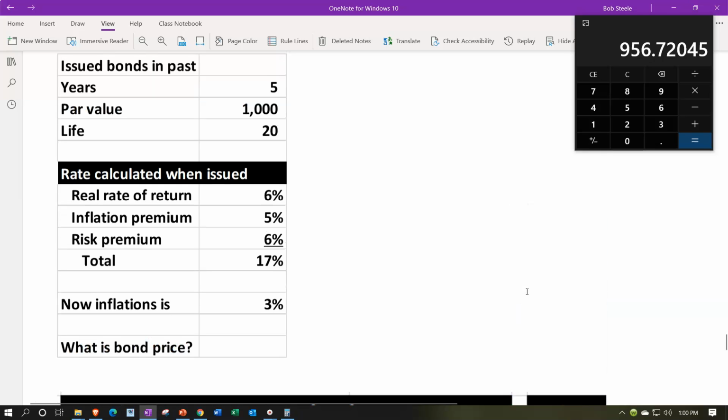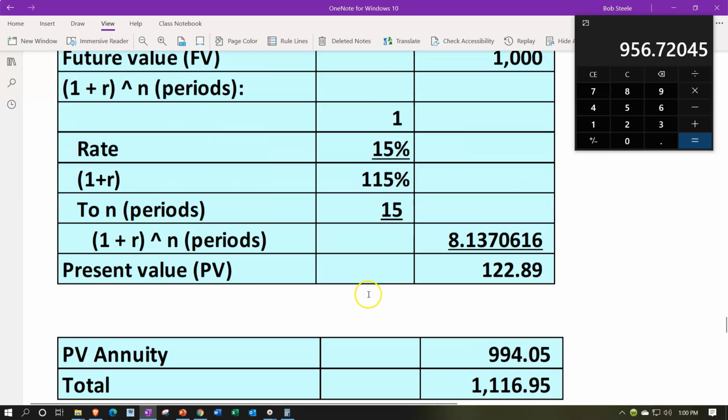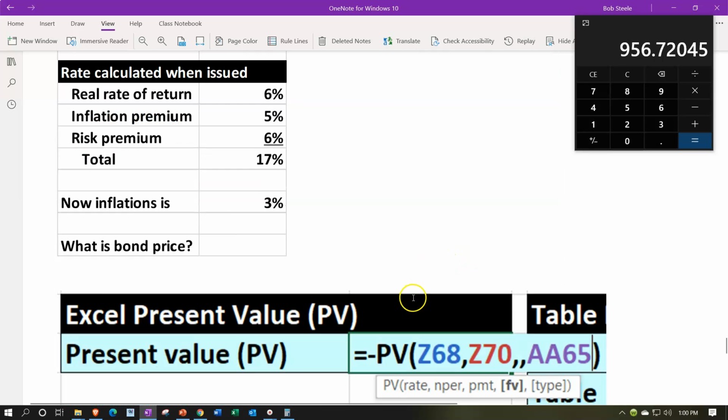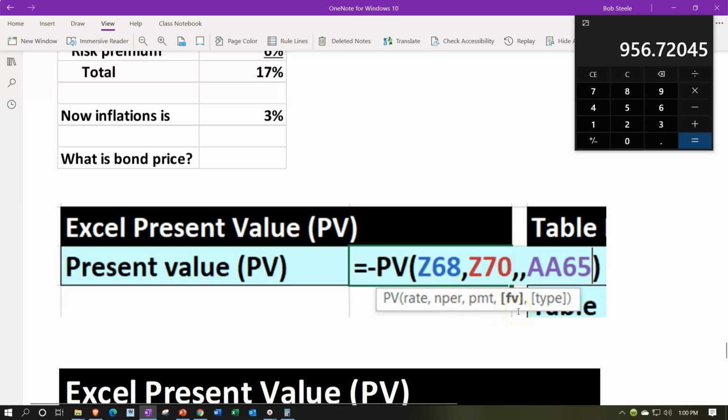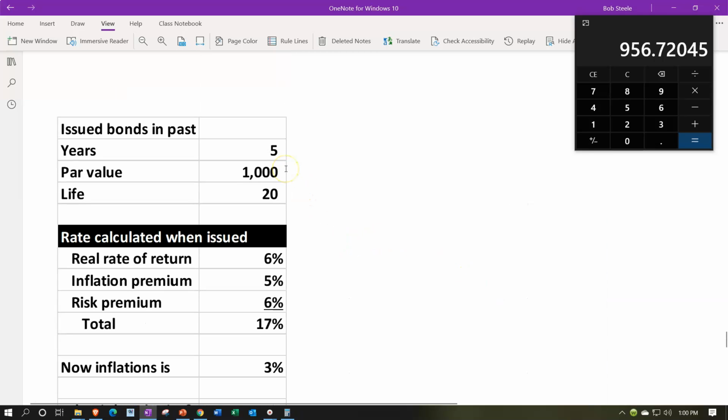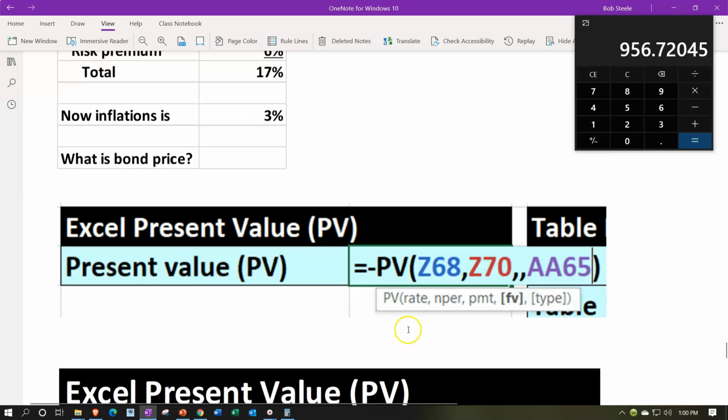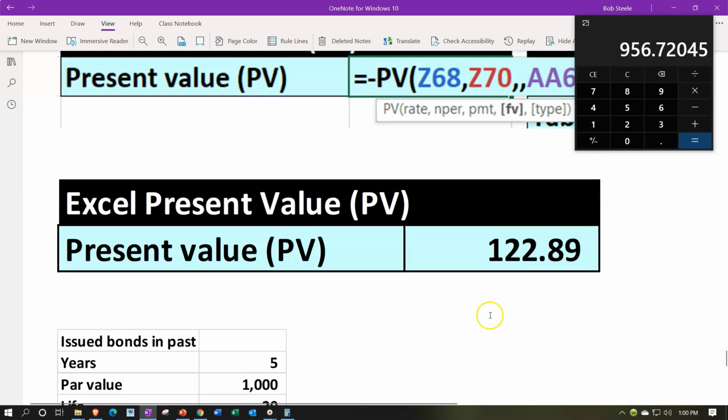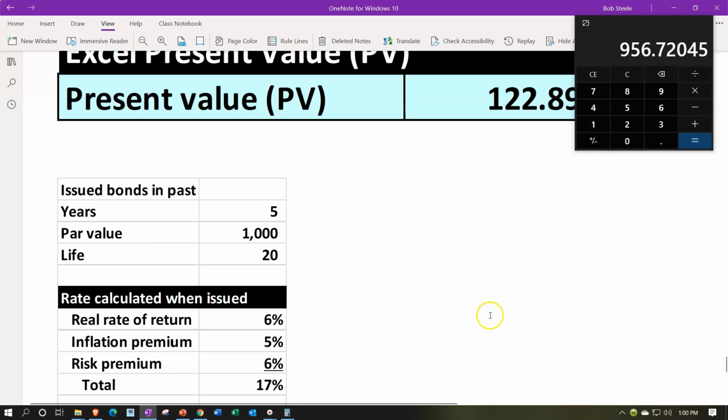The future value would just simply be the 1,000, not the payment. That would be the annuity. So once again, rate, 15, market rate, comma, number of periods, 15, comma, comma, because it's not a payment, future value, the 1,000. That then would give us the 112.89 again.